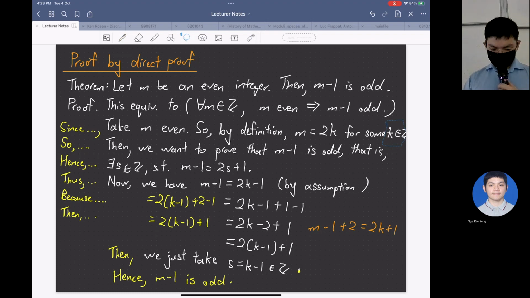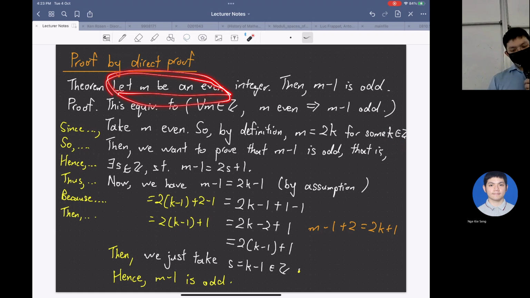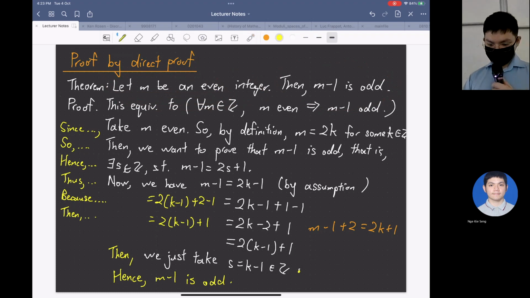So this is called direct proof, because I just start from what is given and then I end with the result. So the logic is P implies Q. I got P and then I prove to you the Q. So this is the rule of inference.